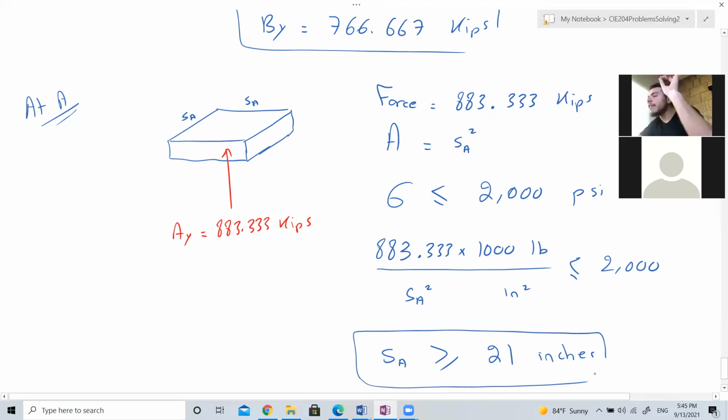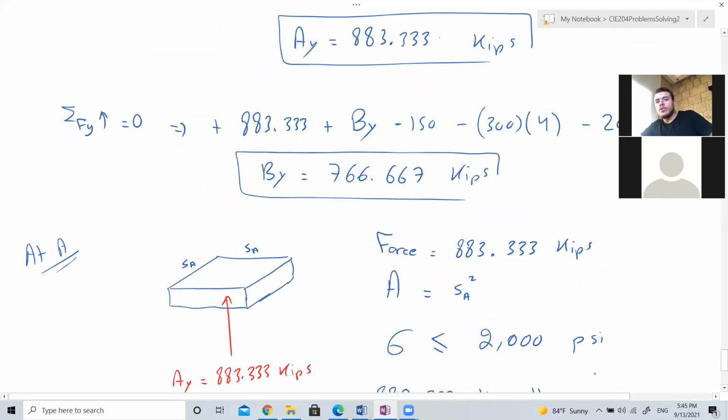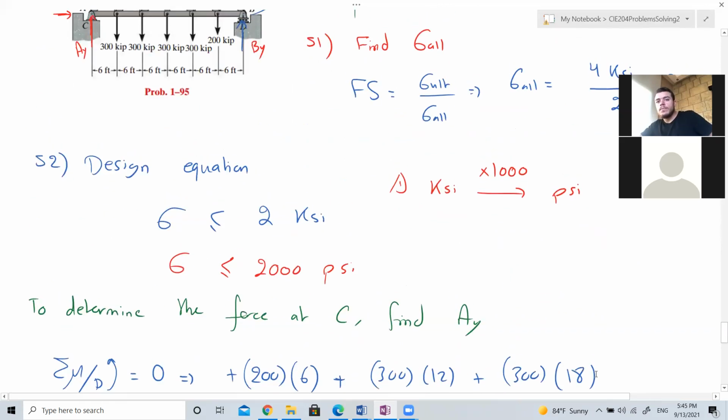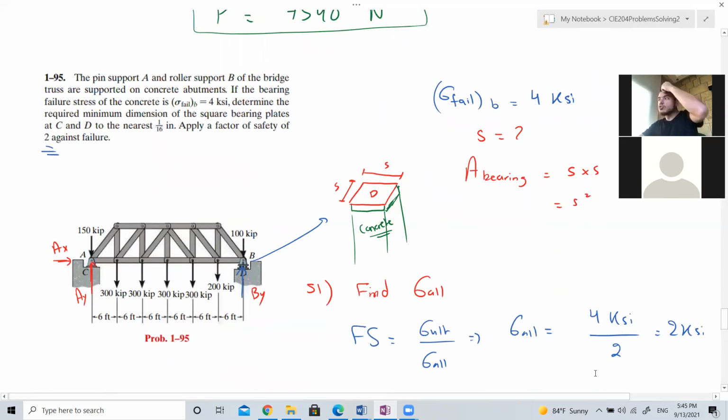This is how you find the dimensions of the square at point A. The question was to determine the dimensions at A, C and D, to the nearest 1/16 inch.